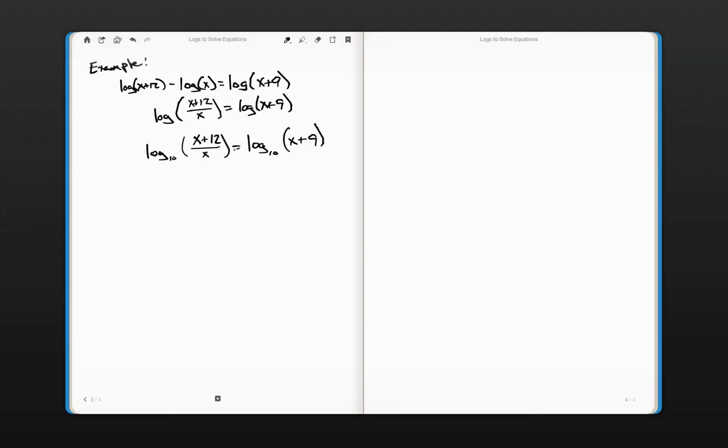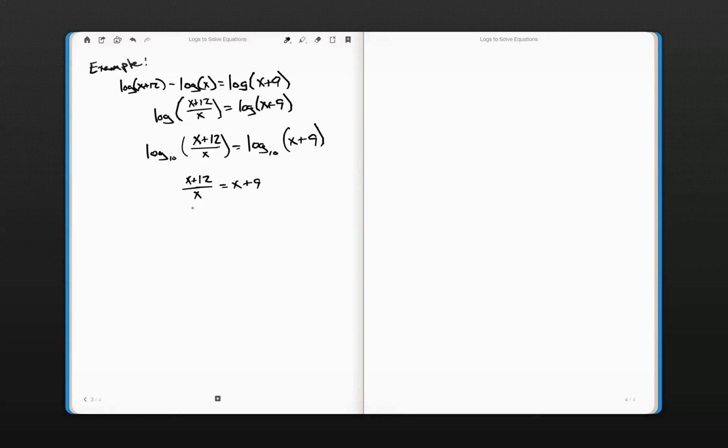Well, it's the same as what exponent do I need above a 10 to get x plus 9? Well, if the exponent I need above a 10 to get this is the same as the exponent I need above a 10 to get this, that must mean that x plus 12 over x has got to be the same as x plus 9. It's got to be, right? If the logs are the same, then the quantities have got to be the same.